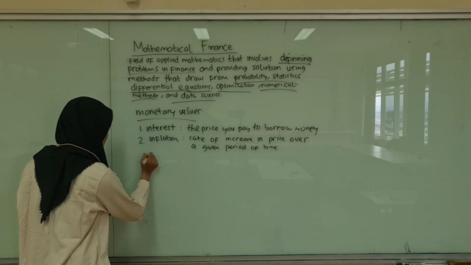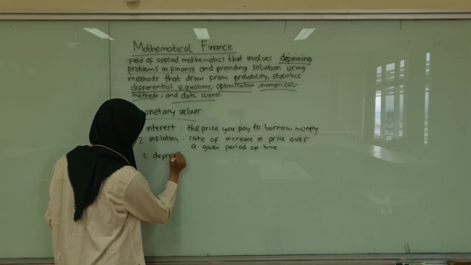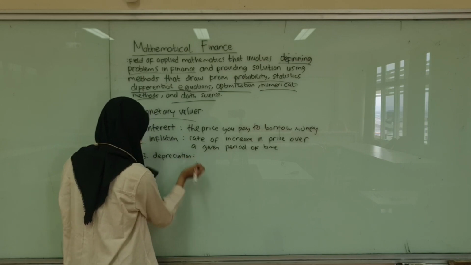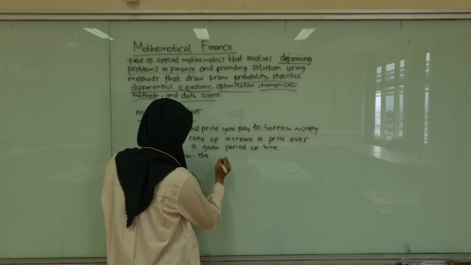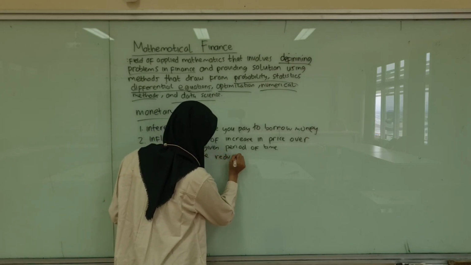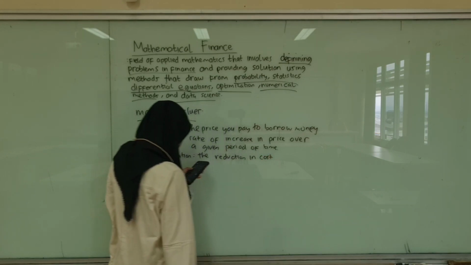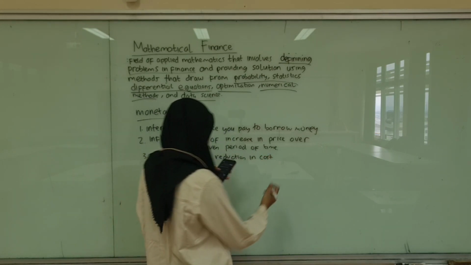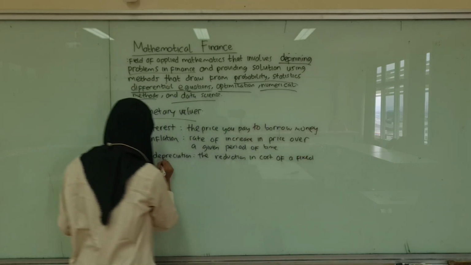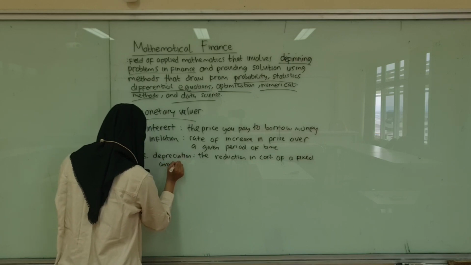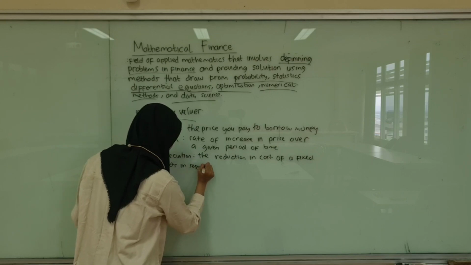And then the last one is depreciation. Depreciation is the reduction in cost of a fixed asset in sequential order.